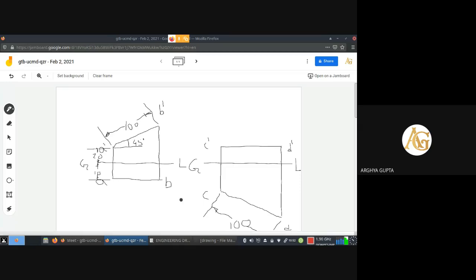So the length of the line is 100, and point C is 20 mm away from the vertical plane, and point C is 10 mm away from the horizontal plane. So hence the drawing is complete.